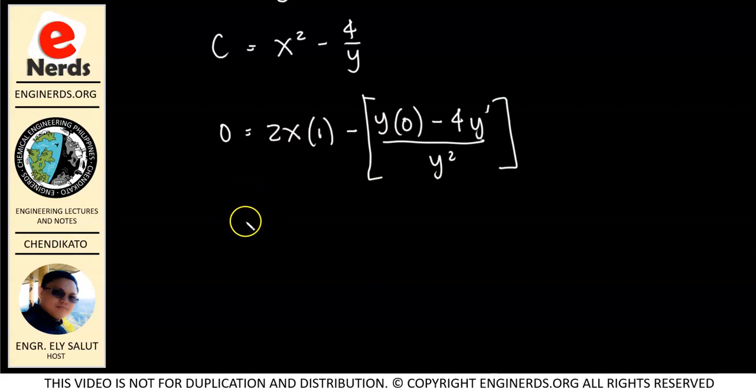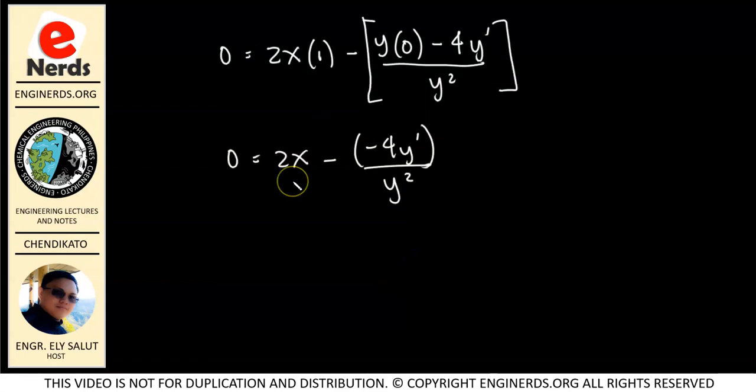So, now as you can see, we have 0 is equal to 2x minus negative 4y prime over y squared. Okay, so multiplying our equation by y squared, we have 0 is equal to 2x y squared. Then negative times negative, I have positive here, okay, plus 4y prime.